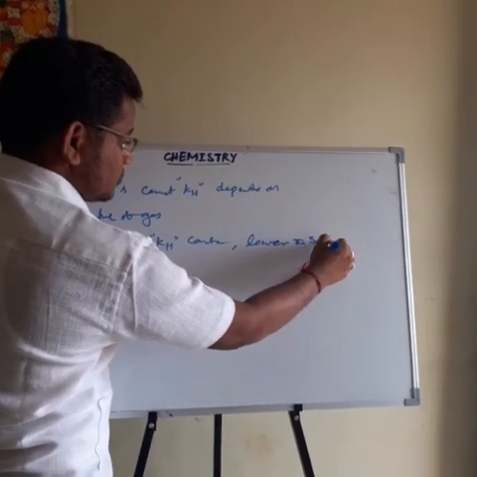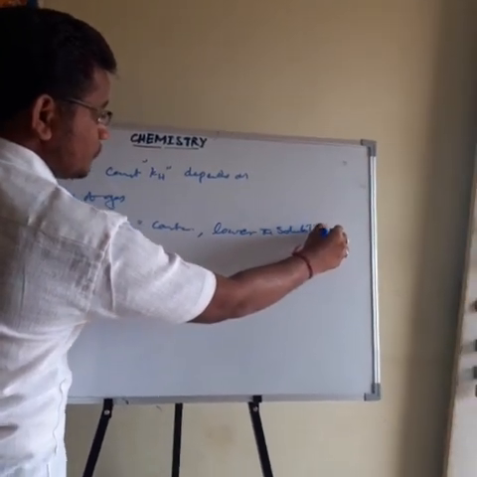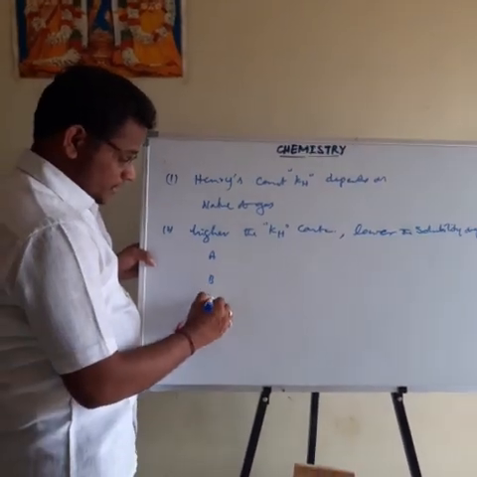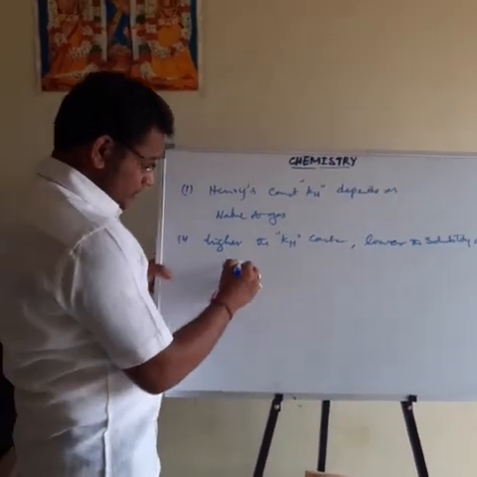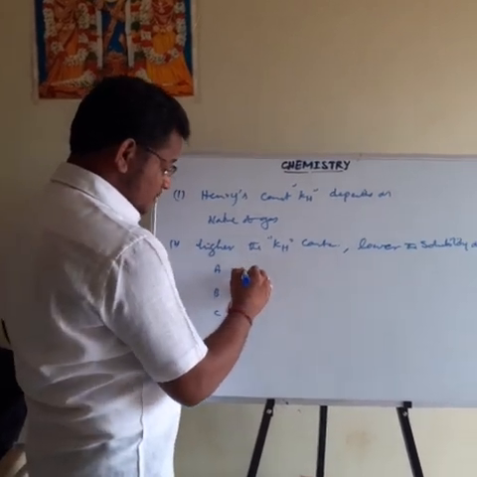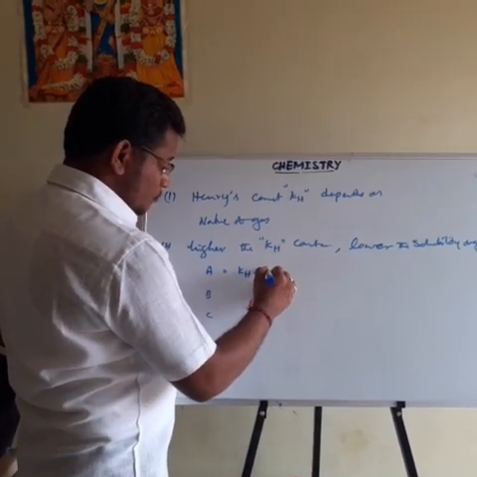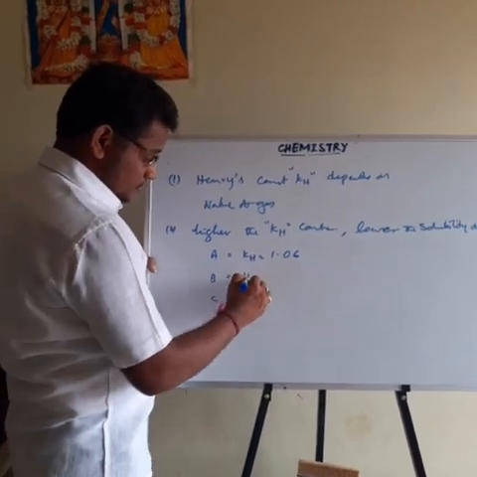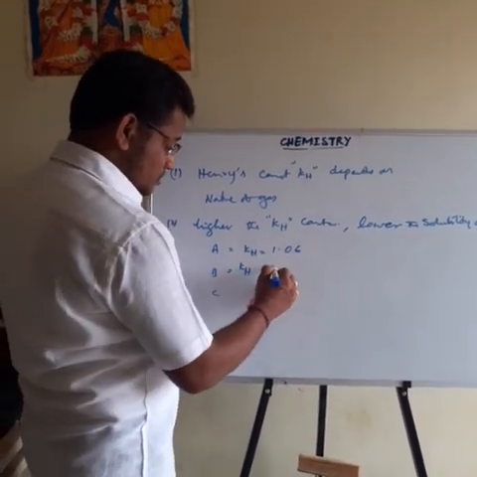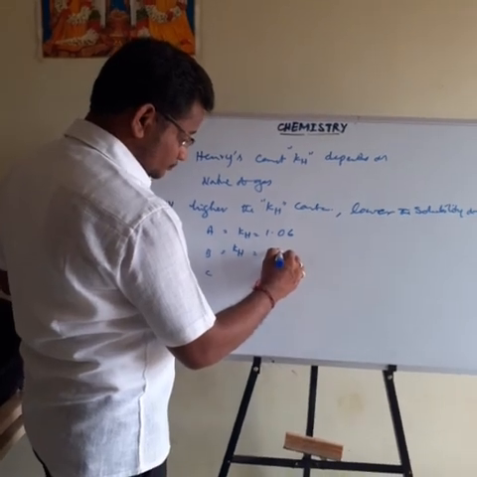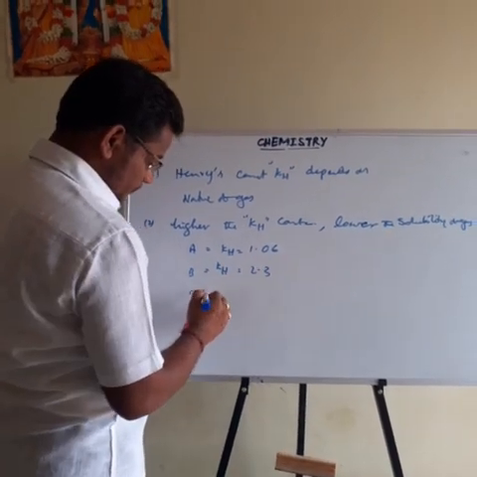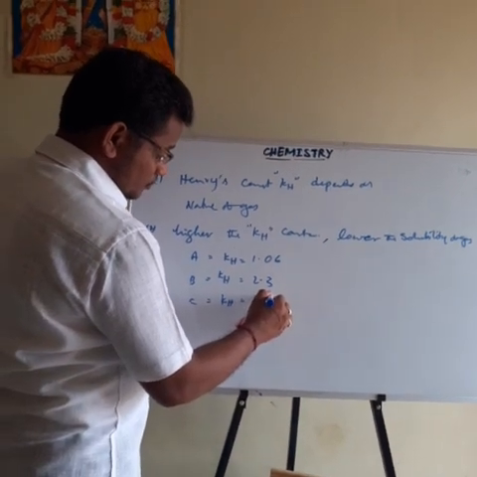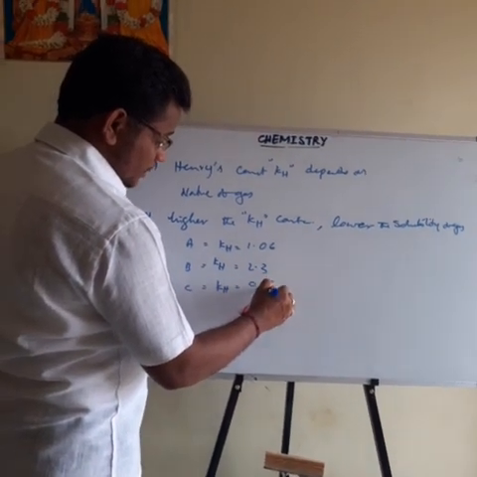For example, there are three gases A, B and C. For gas A, the Henry's law constant Kh value is 1.06. For B, it is 2.3. For C, it is 0.08.